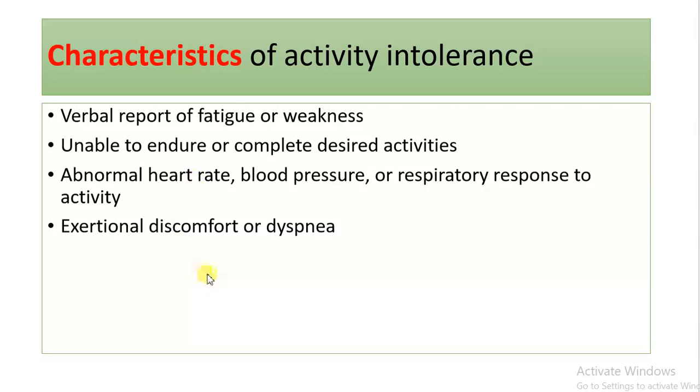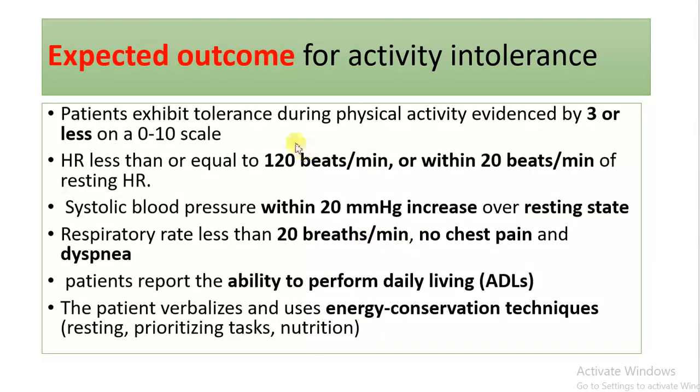Another characteristic is exertional discomfort or dyspnea. Discomfort means that with exertion someone has nausea, vomiting, chest pain, or dyspnea. These are the main and more common characteristics of activity intolerance.